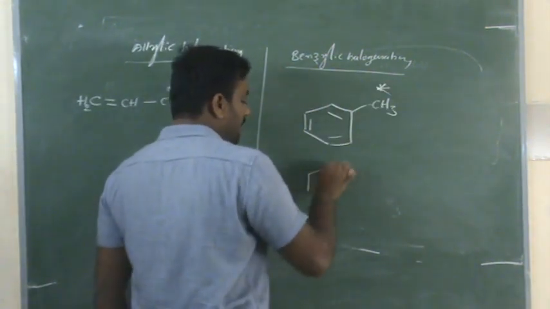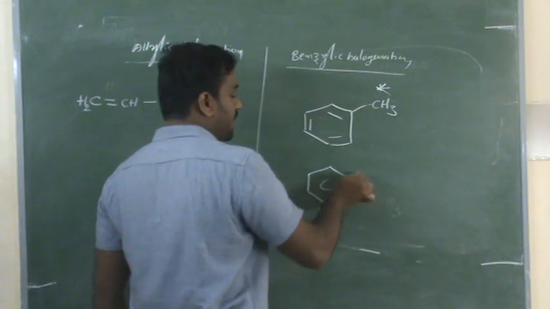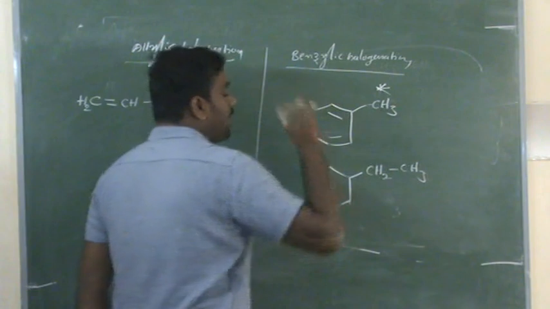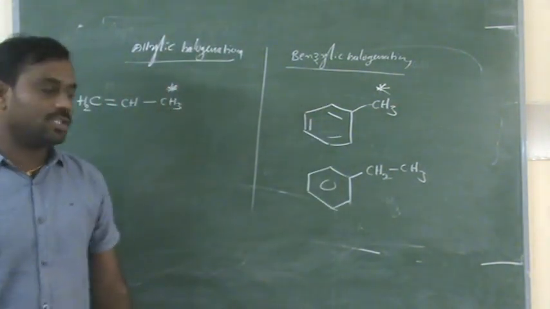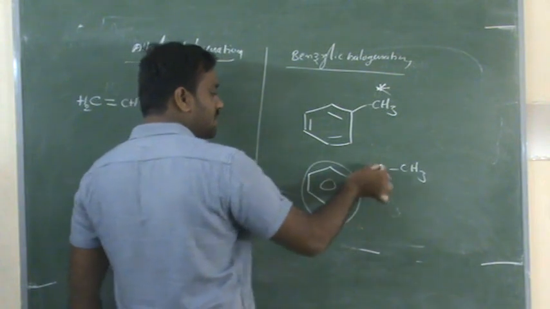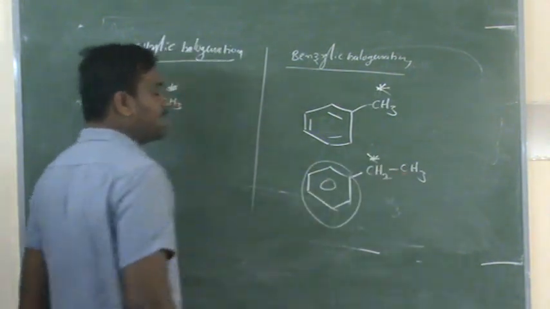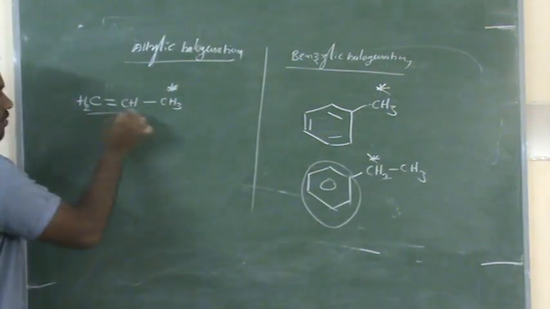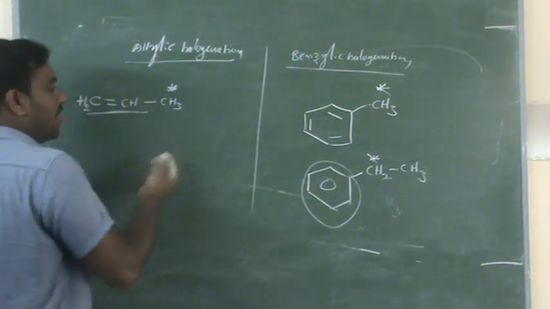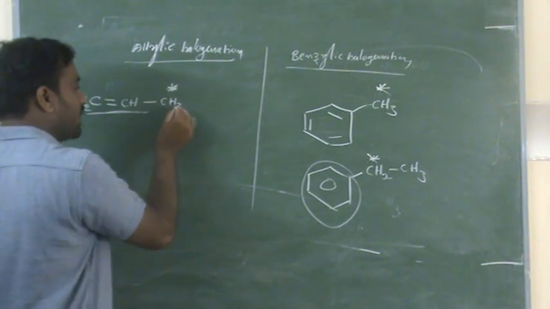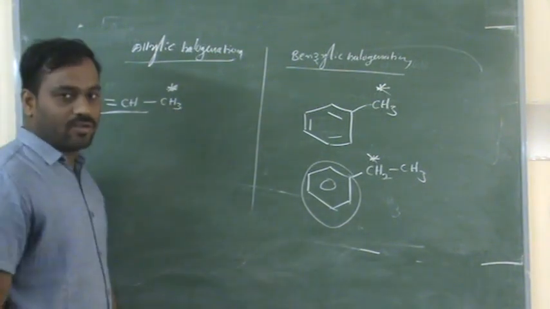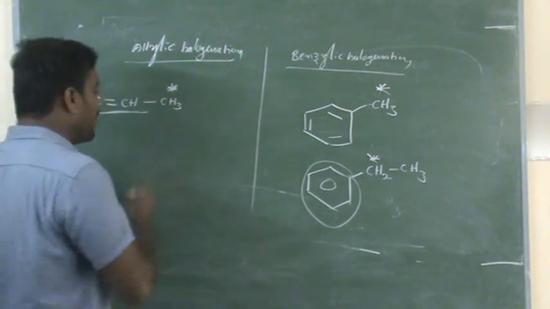And if you take another molecule to understand better, here the position adjacent to the benzene ring is called the benzylic position, and this is the allylic position. Now you can remove this hydrogen and add the halogen. That is called allylic halogenation.